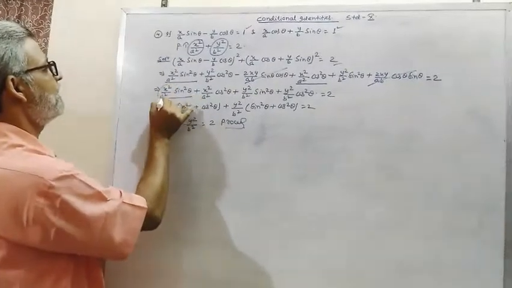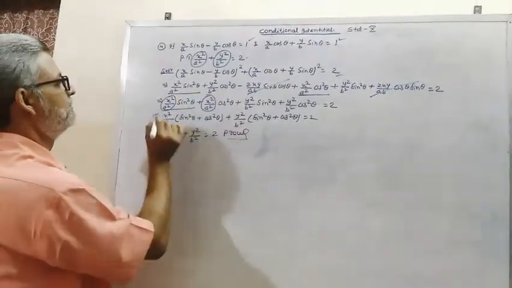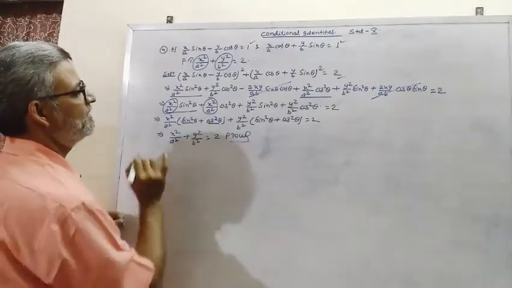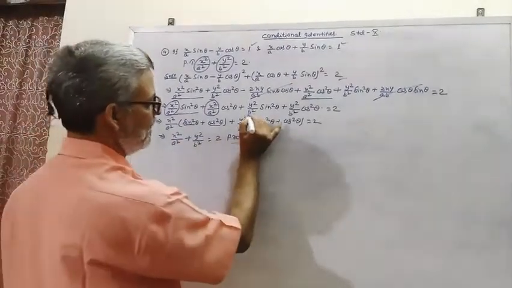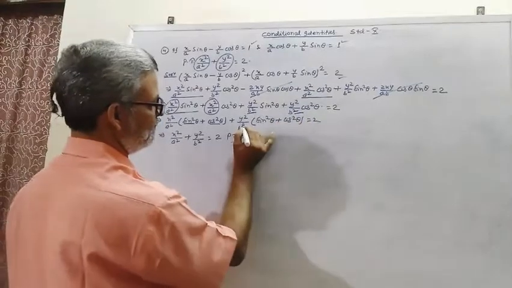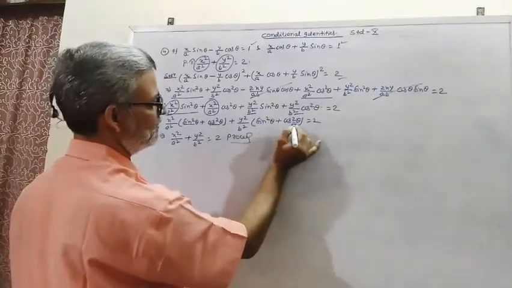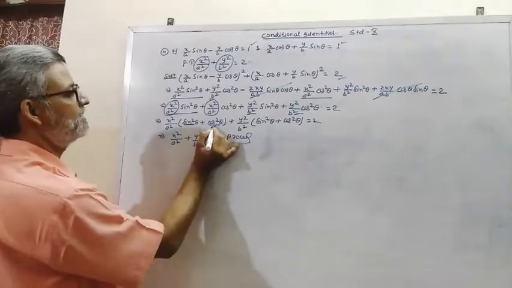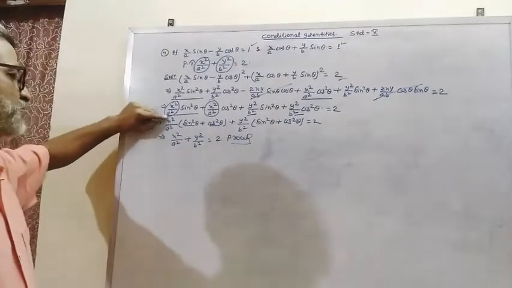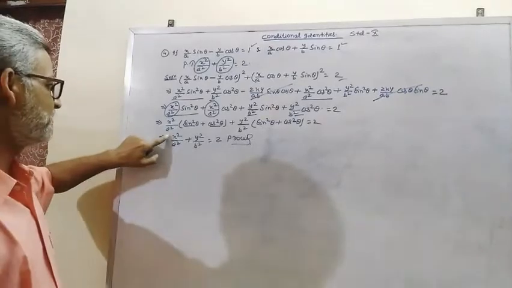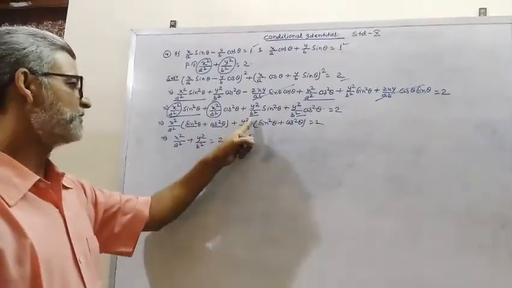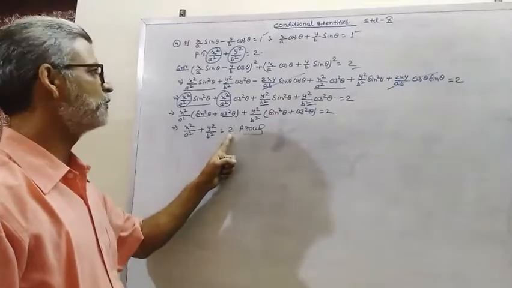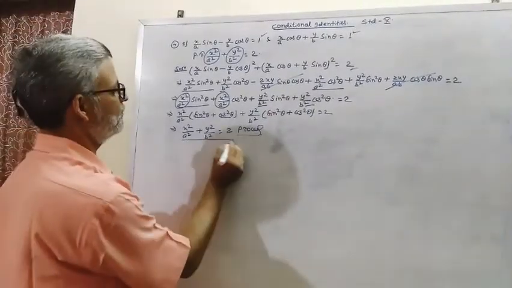Here take x²/a² common, so inside the bracket sin²θ + cos²θ. Here take y²/b² common, so inside the bracket sin²θ + cos²θ. Sin²θ + cos²θ is equal to 1. So x²/a² into 1, that is x²/a², plus y²/b² into 1, that is y²/b², is equal to 2, and it is what was given to prove.